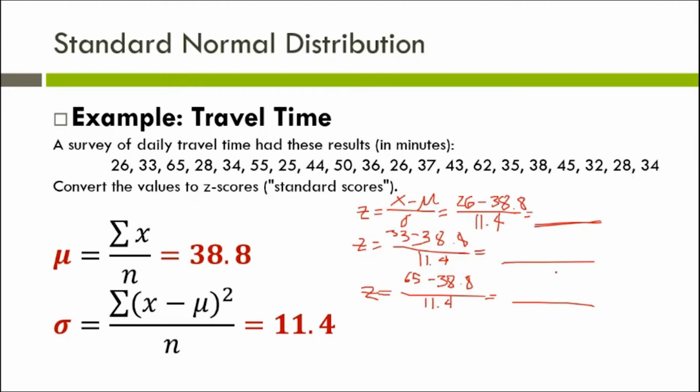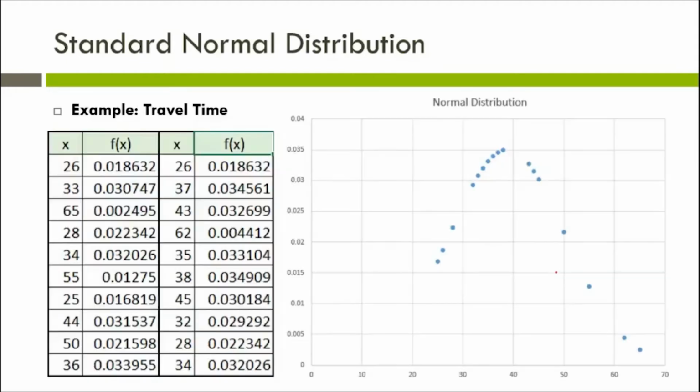Now I have already calculated these, and these are the results, using z equal to x minus mu all over sigma. But before that, I have first shown this graph, which is not yet with respect to the z values.